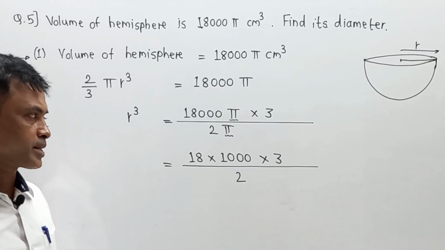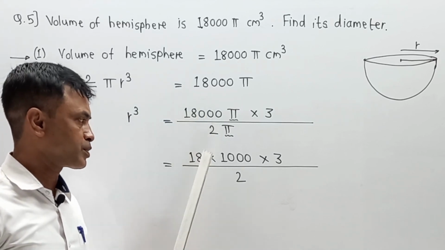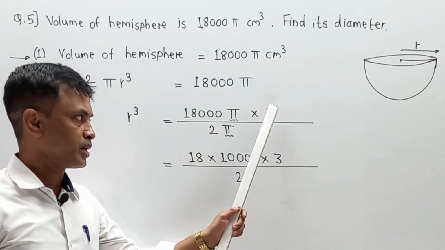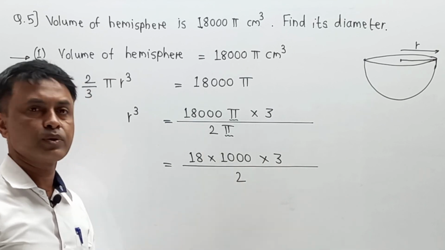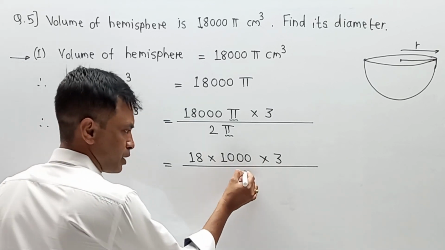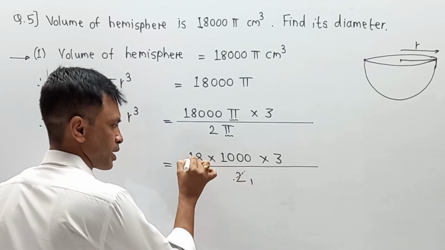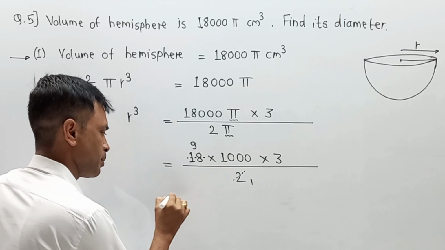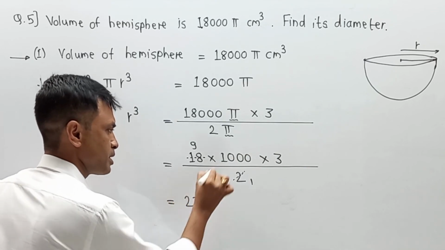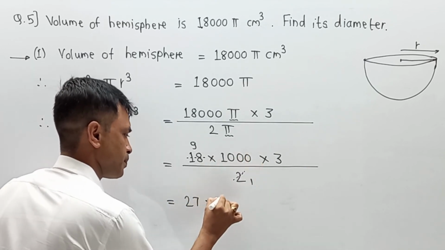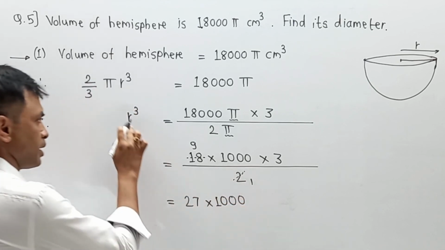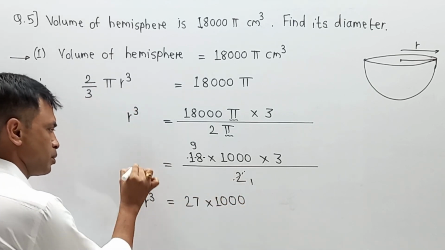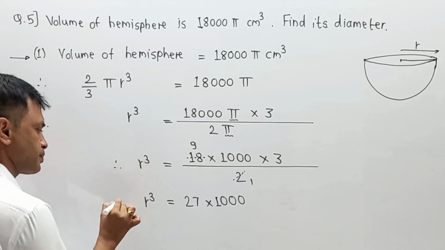Once again please pay attention, I have done a simple breakup. 18,000 means 18 into 1000 into 3 as usual and upon 2 as usual. Now here 2 ones are 2 and 2 nines are 18. So 9 into 3 becomes 27 into 1000 is equal to r cube in our calculation.